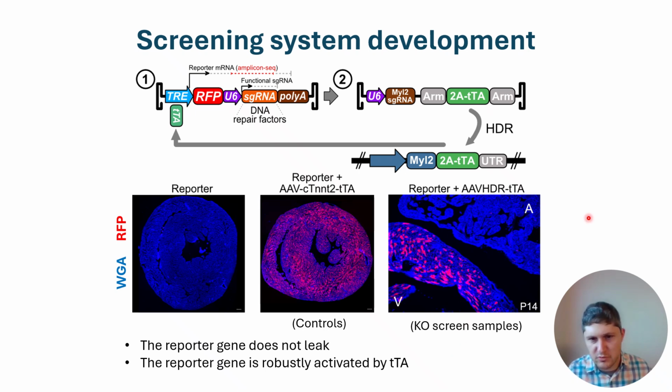We don't see expression within the atria. So this middle panel here, these are our control group samples. They have indiscriminate activation of the reporter gene. These are our screen knockout samples. They only have activation of the reporter gene if homology-directed repair has successfully taken place.